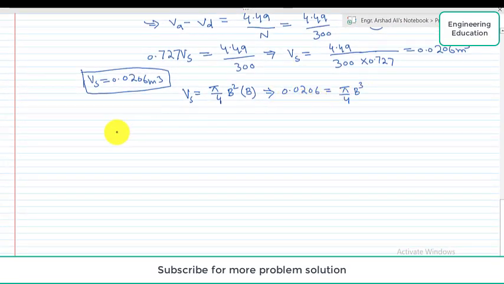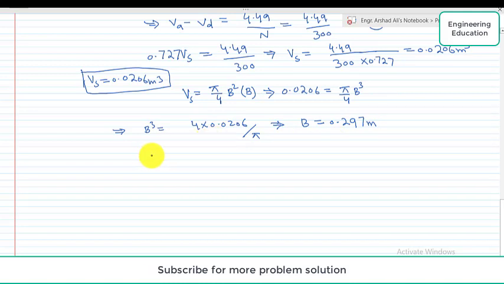So solving it for b, it will become b cube is equal to 4 into 0.0206 by pi. So we get b is equal to 0.297 meter.